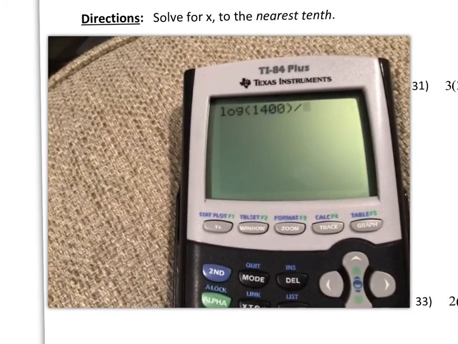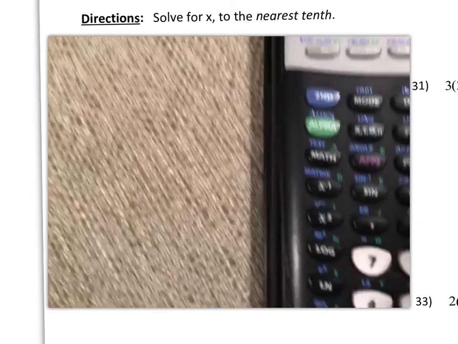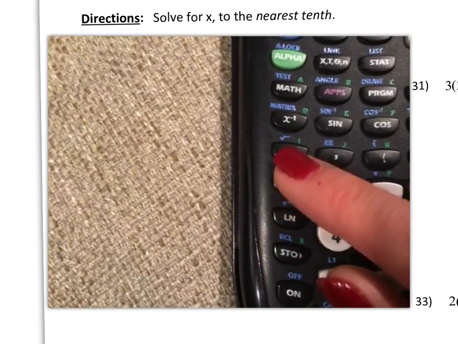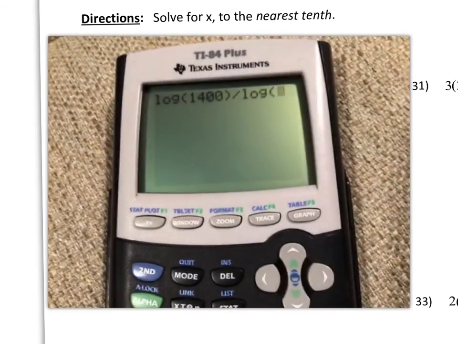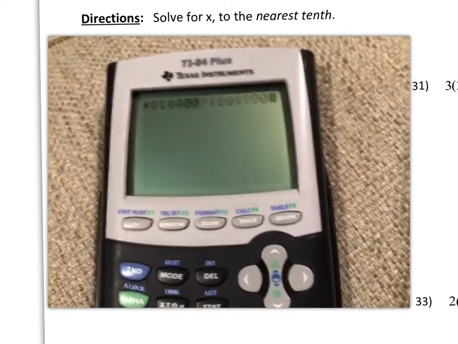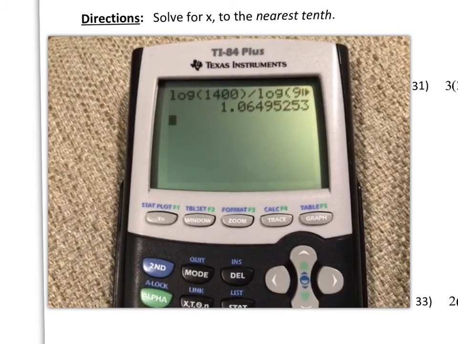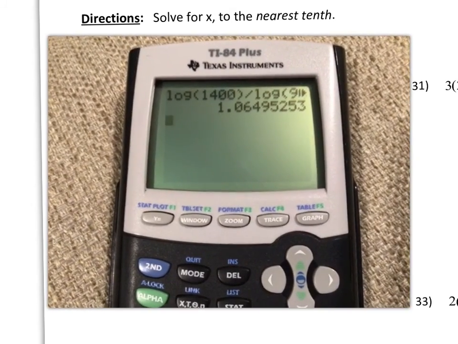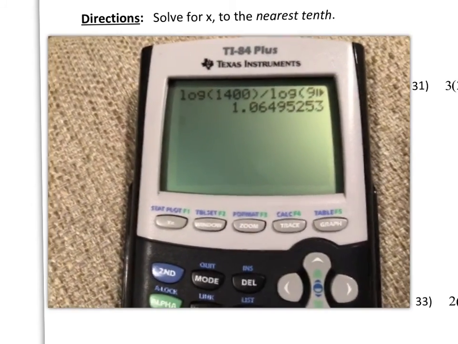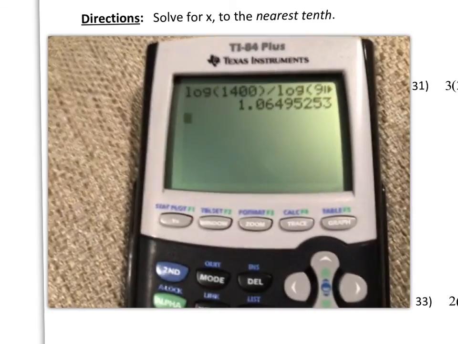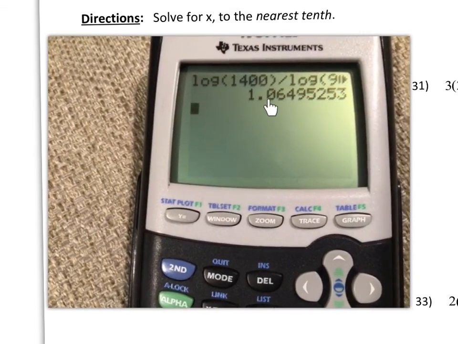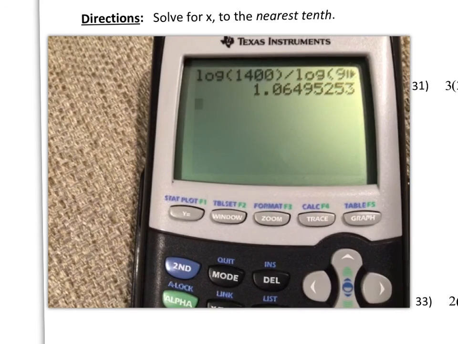The log button is all the way on the left-hand side, the fourth one up. So log of 900, and just hit enter. Okay, so you get 1.065, let's say. But look at the directions. It says to round to the nearest tenth. So the 6 would tell you to round that 0 up to 1, so 1.1.